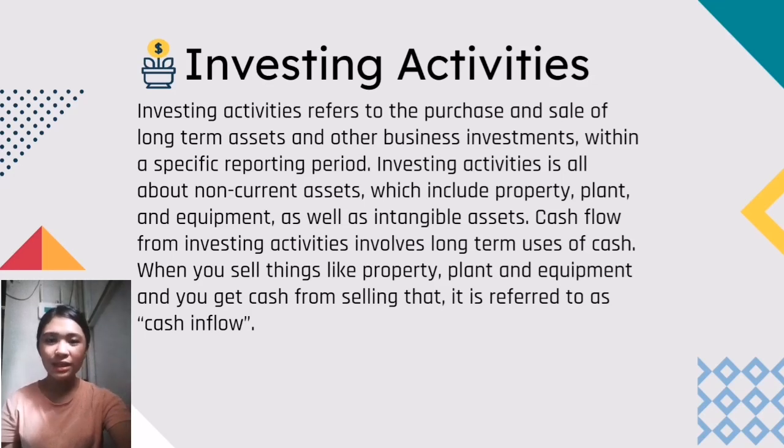When you sell things like property, plant, and equipment and you get cash from selling that, it is referred to as cash inflow. But if you sell inventory and receive cash from selling inventory, that is not an investing activity. That is an operating activity because your main revenue generating activity is selling your inventory. What we are talking about here are productive assets other than inventory.